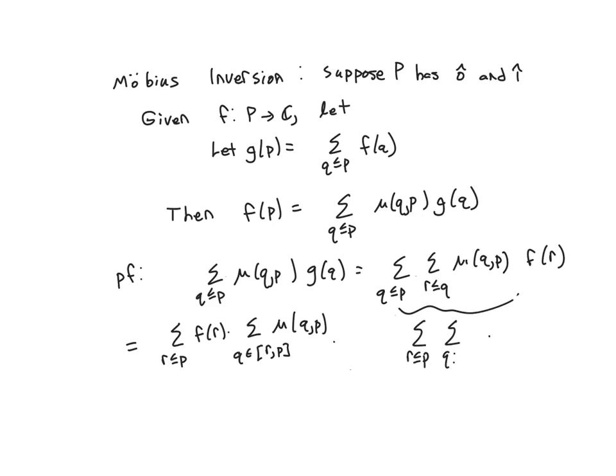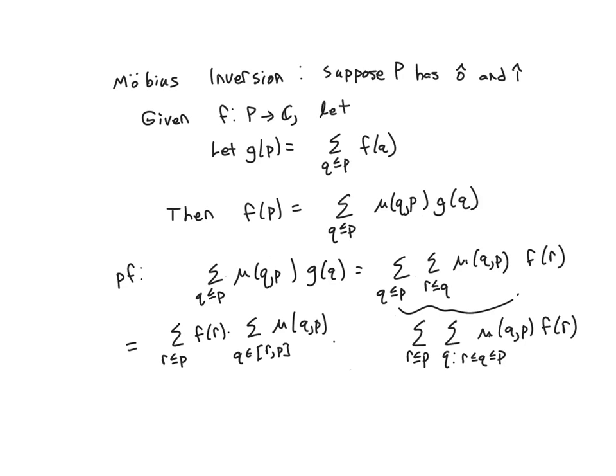And we see in order for this summation to work, q must be bigger than r, and then less than or equal to p, because that's the way this order works. We chose r to be smaller than q, times the same Mobius function.